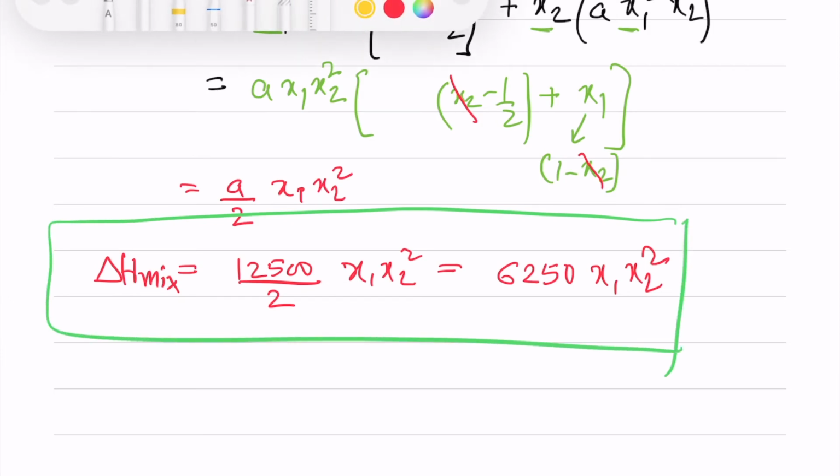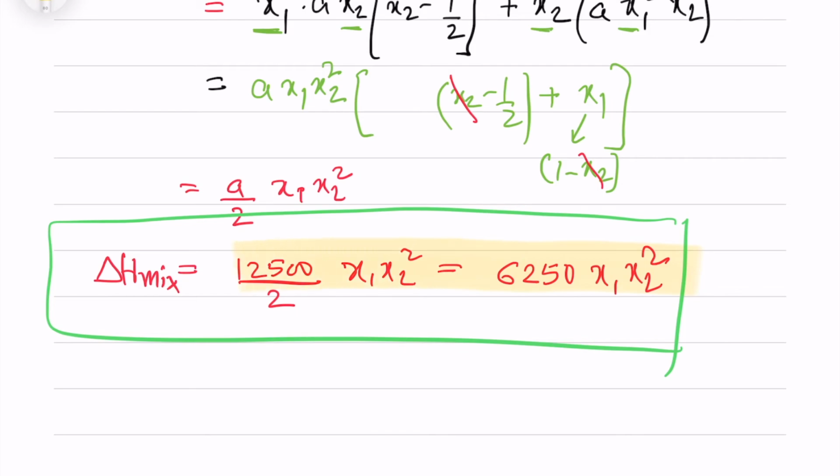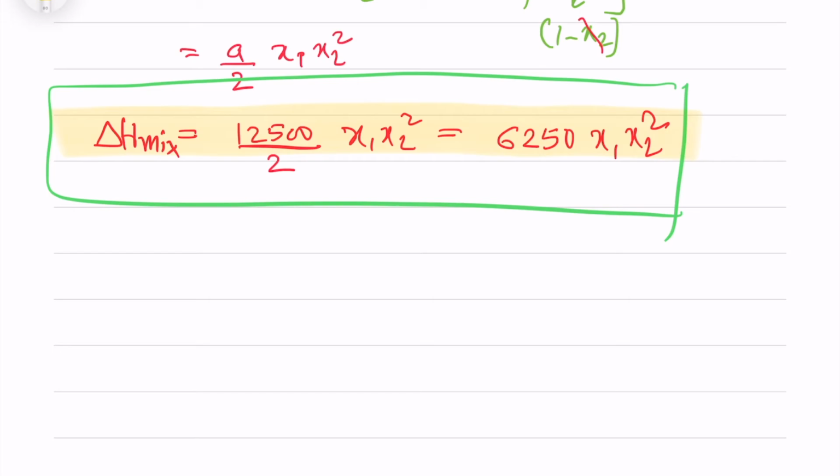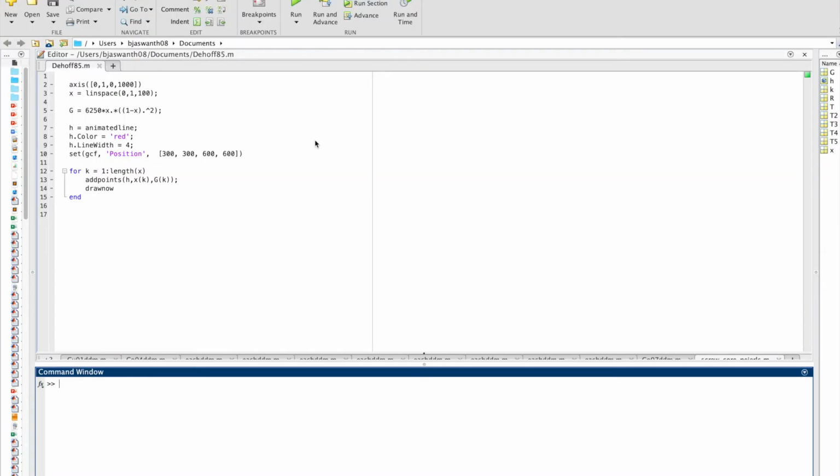Now we do the plotting for this. The plot we will do in MATLAB. Here I am showing how to plot the DHOF 8.5 question plot. We have 6250 into x into 1 minus x to the power 2. We plot this using an animated line with the color red and a line width of 4, and I give the figure window these dimensions, like a rectangle, and then I add points.